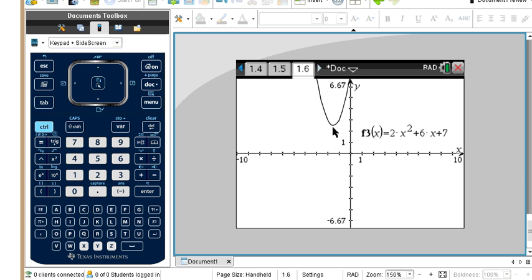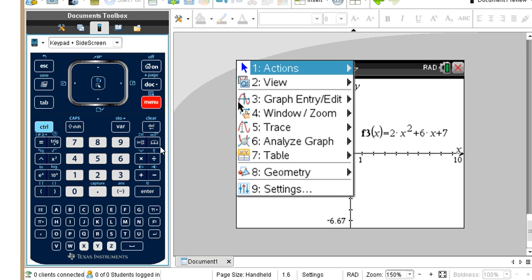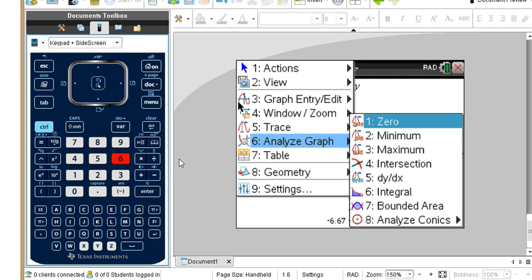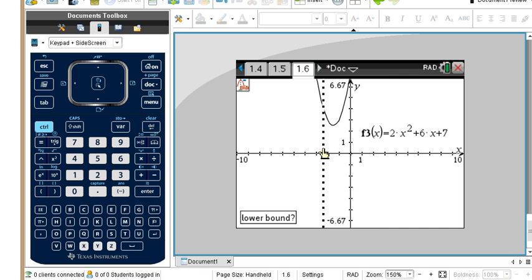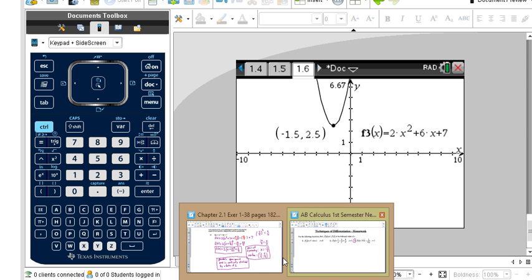Our axis of symmetry is going to be x equals negative 3/2, and we can verify that in the calculator menu. Analyze graph 6. We're going to look at a minimum. Go to the left side, go to the right side. We have negative 1.5 for x value, that's negative 3/2, and 2.5 for the y value, which is 5/2. So that all checks out.